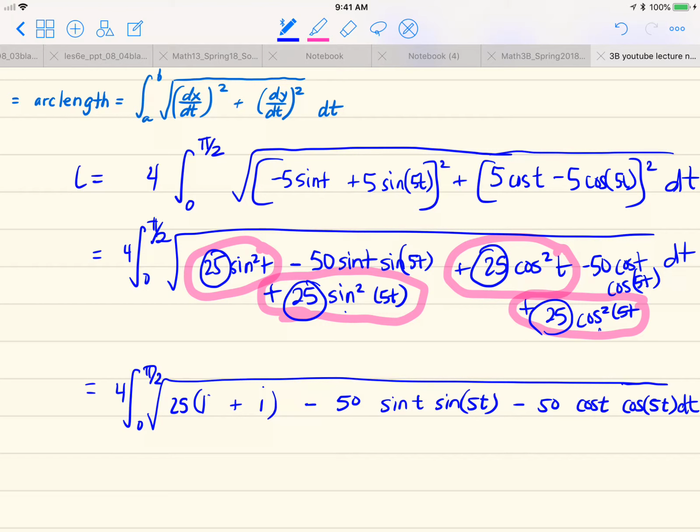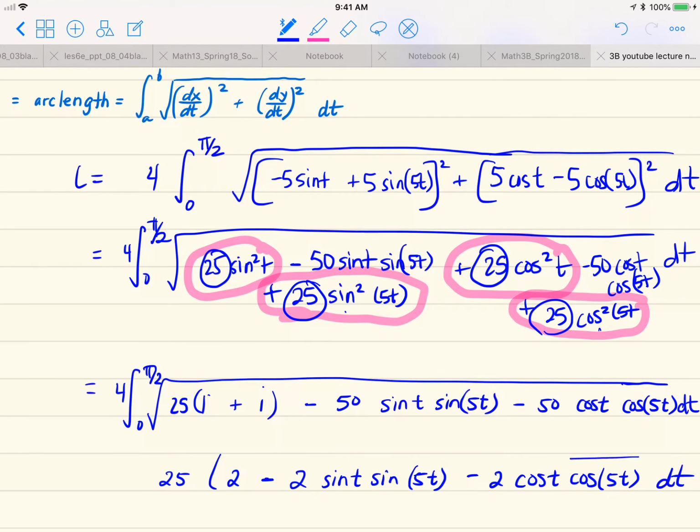Now, let's see here. It looks like we can pull out a factor of 25. So if I factor out 25, I'll have 2 minus 2 sine t sine 5t minus 2 cosine t cosine 5t, and all this dt.